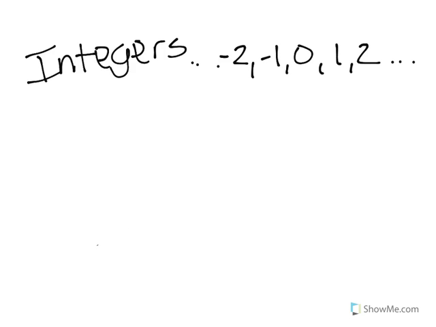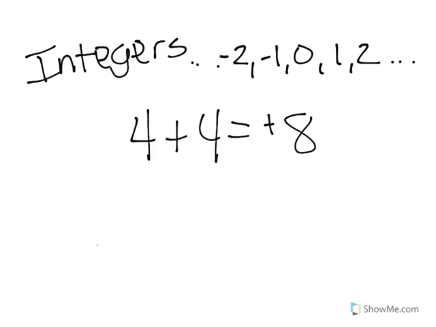Okay, so let's do some problems. So again, like I said, if both numbers are the same sign, you add them up. This would be positive 8. What if they were both negative? You would add them up, and your answer would be -8. Well, why is that?